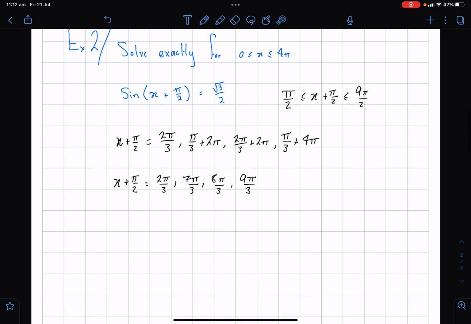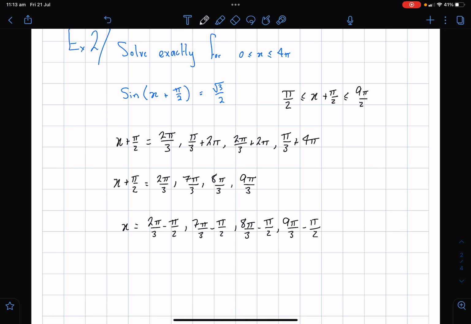But what we want to do now is solve for x. So we actually want to be taking away pi on 2 from all of these values. So x equals 2 pi on 3 take pi on 2, 7 pi on 3 take pi on 2, 8 pi on 3 take pi on 2, and we've also got 9 pi on 3 take pi on 2.